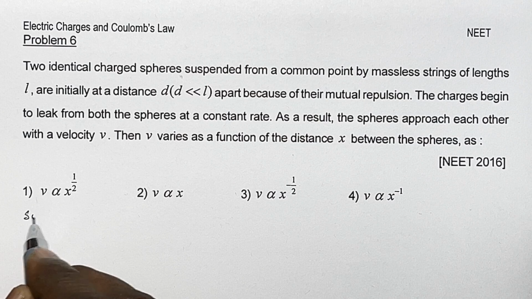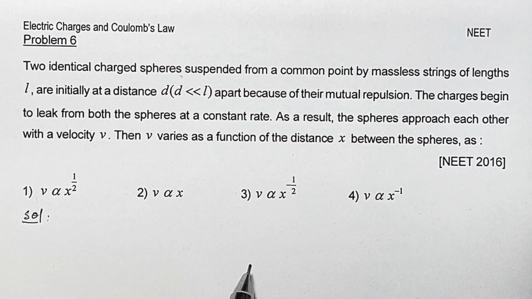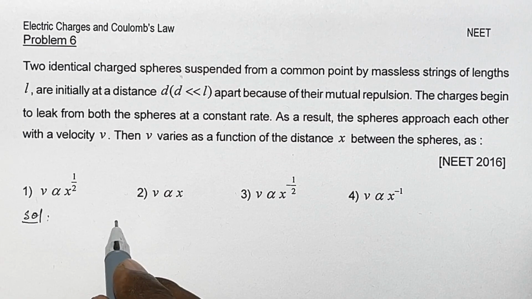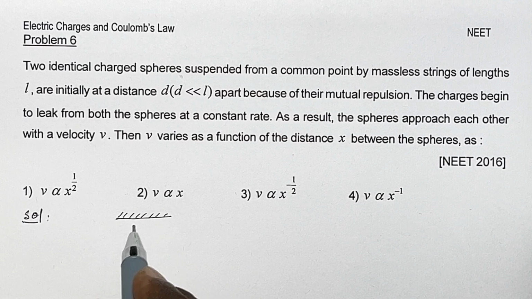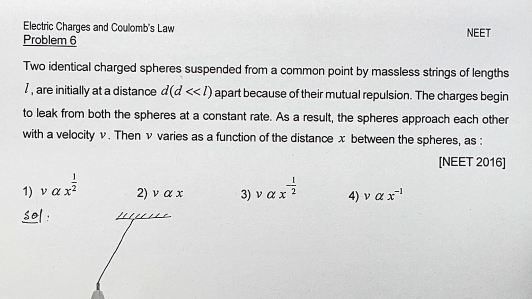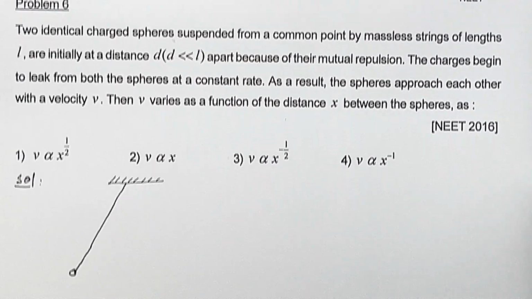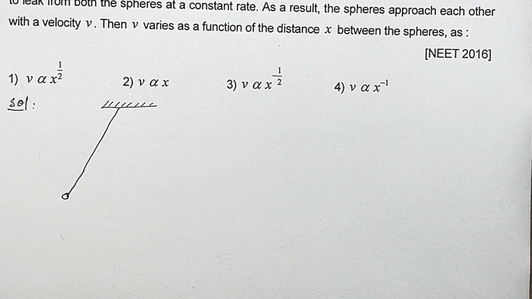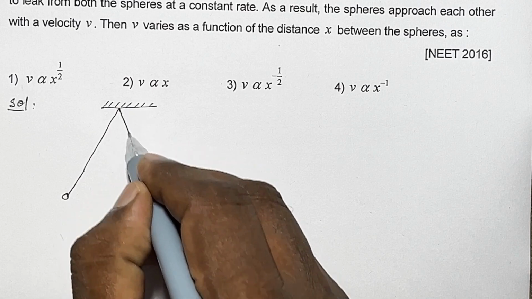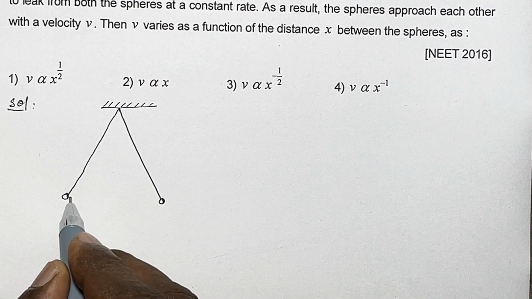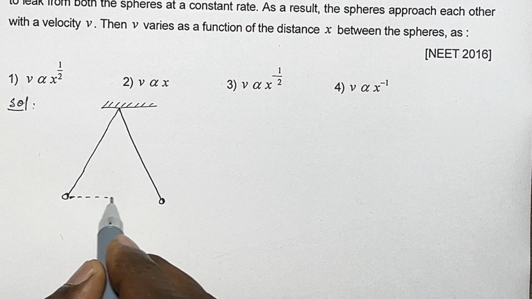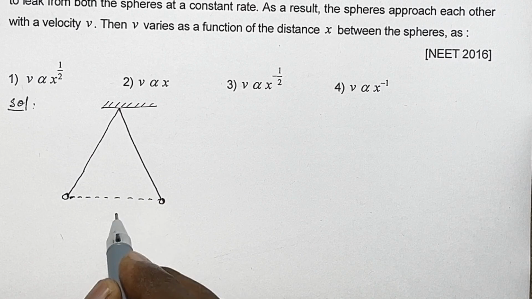So here previously the distance between them is d, but now what happened? What is the initial displacement between them? We don't know. But when we observe, they are at some distance x.